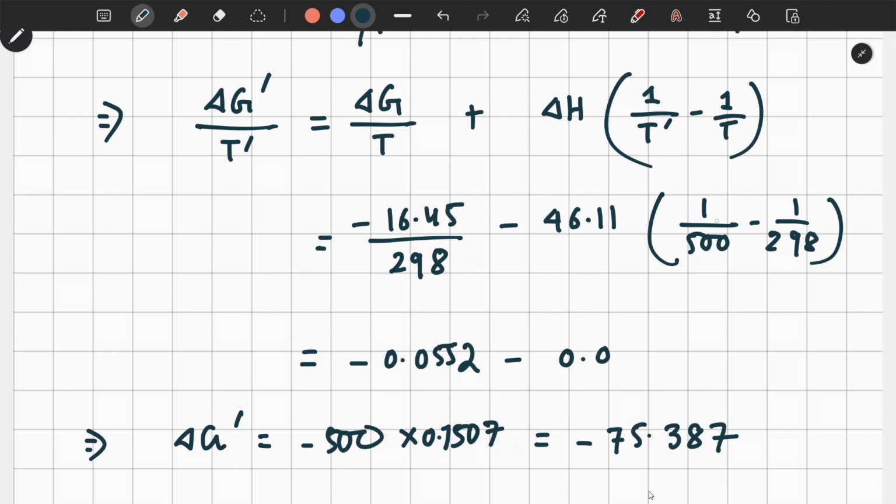Because this is a small number and this is a big number, so it is positive. Let me bring my calculator. Yes, it's positive. It is plus 0.0251. It is correct.